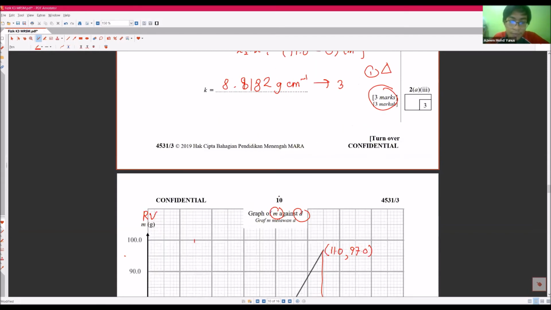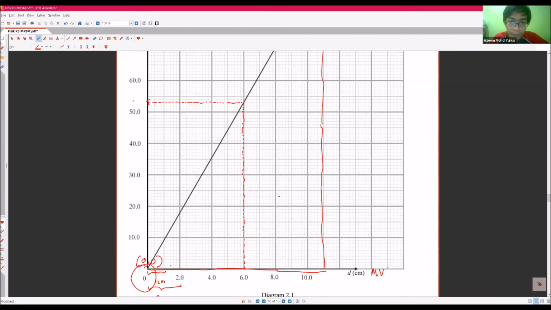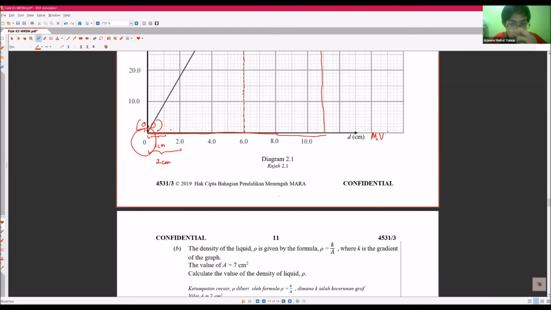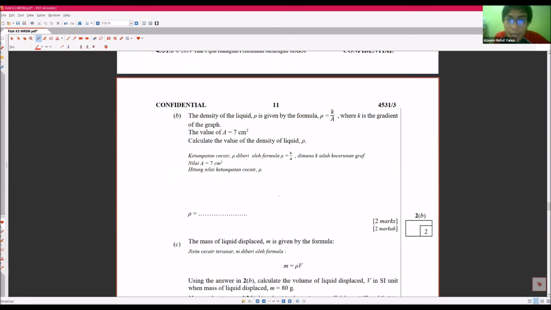Okay, so let's move on to the next question. The density of the liquid is given by the formula, where A is the gradient of the graph. The value of A is this. Calculate the value of density of the liquid. This is a question that requires us to use the answer that we already obtained before, in this case the gradient.